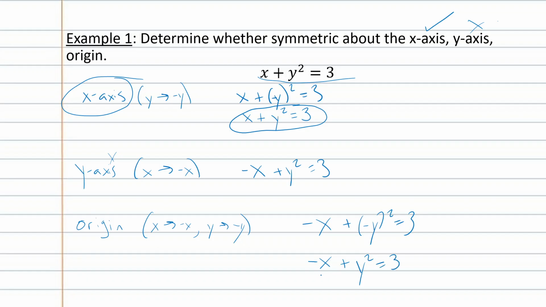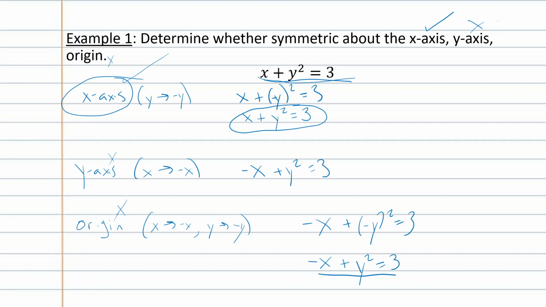But this does not simplify back down to the original. Because it doesn't, it is not symmetric with respect to the origin. So it was symmetric with respect to the x-axis, it wasn't with the y-axis, it wasn't with the origin. Okay, that's how we check.